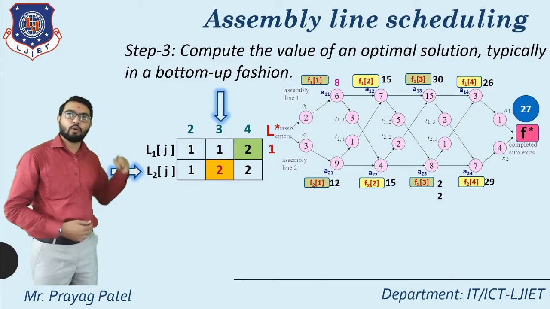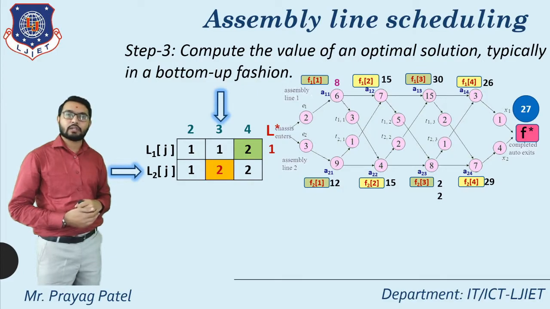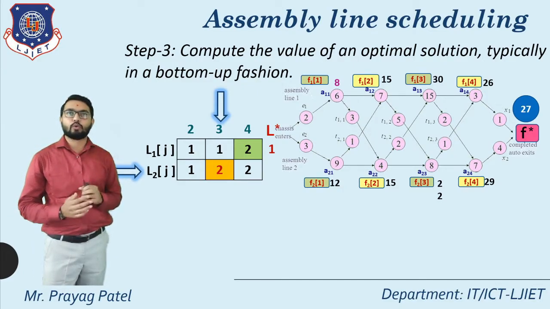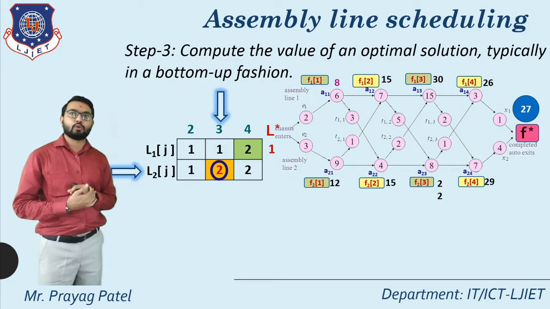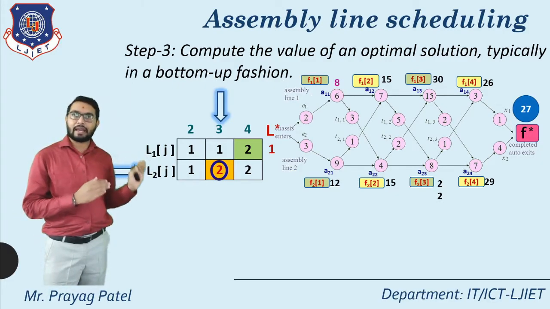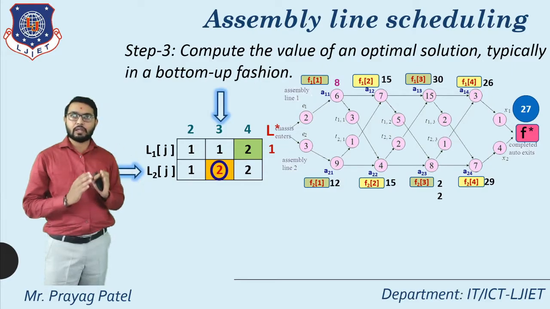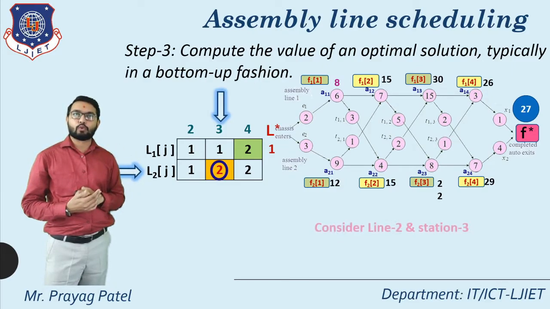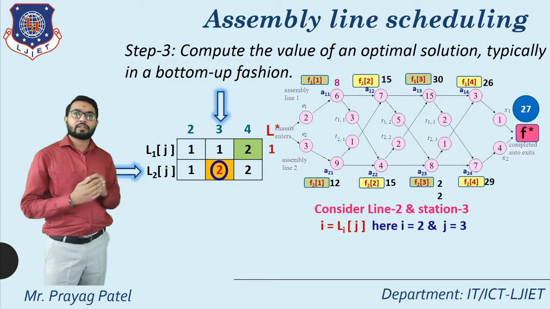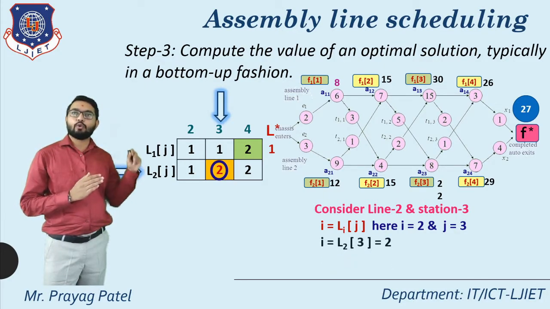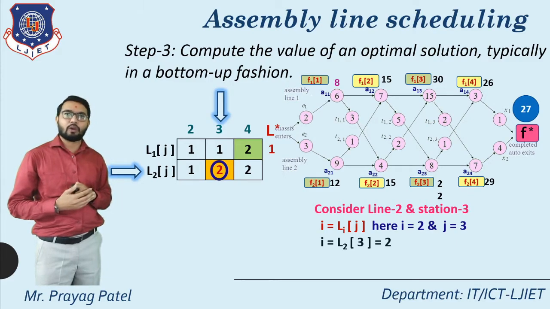Row number is 2 and column number is 3. The next step is, what is the value of L23? Here L2 means line number 2, and 3 means station number. So the L23 value equals 2. So consider line 2 station 3. Now consider Lij, i equal to 2 and j equal to 3. So consider L2 3. Here L23 equals 2.